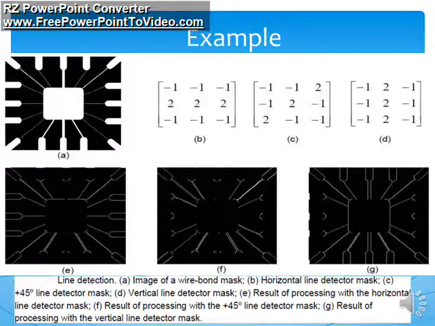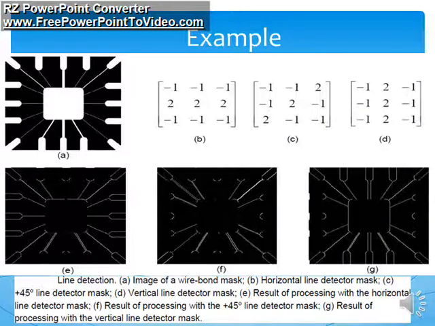This is an example where we can see we have used these three masks. The first image A is an image of a wire bond mask, and here we can see the corresponding B, C, D are the masks.